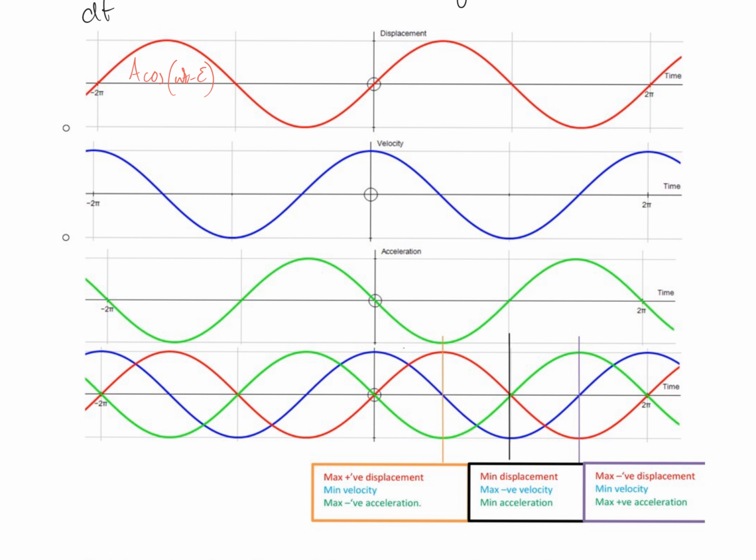And I know the displacement starts here, which suggests that actually that should be sine. So what I'm going to do is just draw my own line here, saying this is where the displacement starts. So you can ignore that. And this is where the velocity starts, and this is where the acceleration starts.